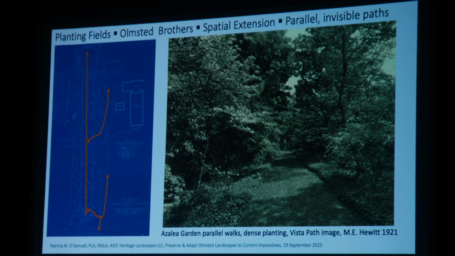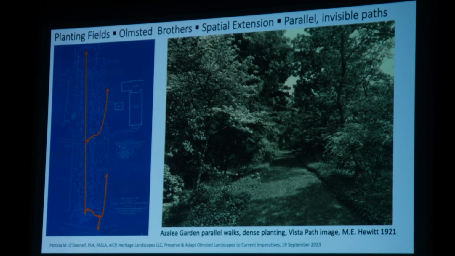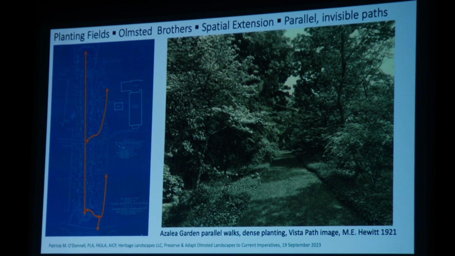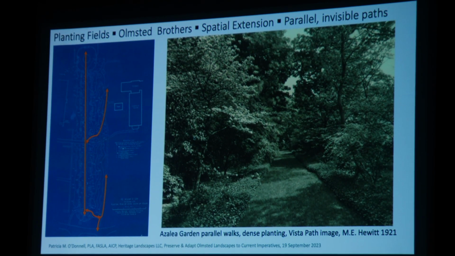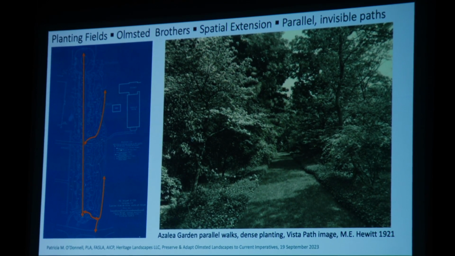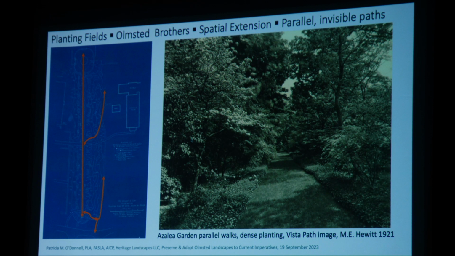At a smaller scale, at Planting Fields, the Olmsted brothers extended space by creating parallel paths that were invisible from each other. And in this view by Mattie Edwards Hewitt in 1921, you gain a sense of the immersion in the landscape, and that there is a nearby path, but you have no view of it.